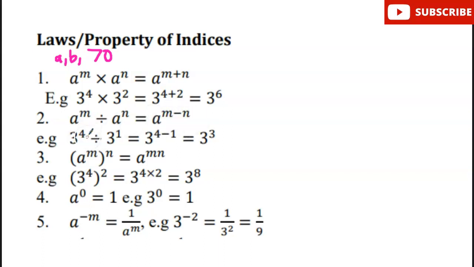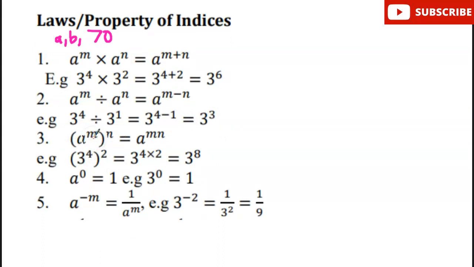Example, 3 to the power 4 divided by 3 to the power 1. Since they are dividing and they have the same base, we can apply this law. So you have on the right hand side 3 to the power 4 minus 1, which is 3 to the power 3. You can simplify it though. This will give you 27, but it's the same thing.